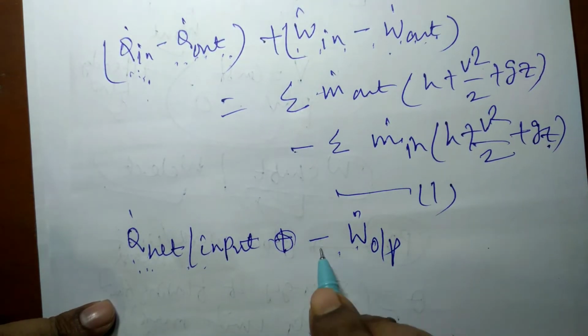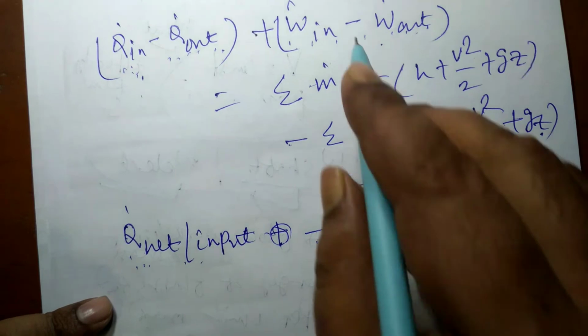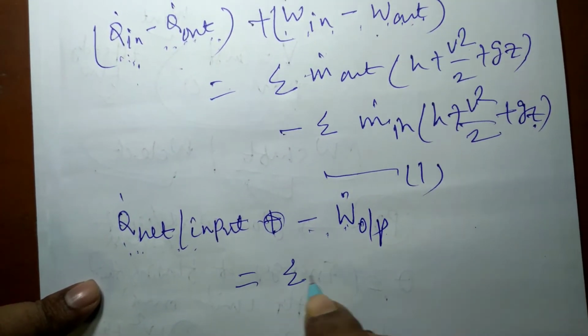That means net work output, W dot output. I can write this is equal to sigma m dot out.